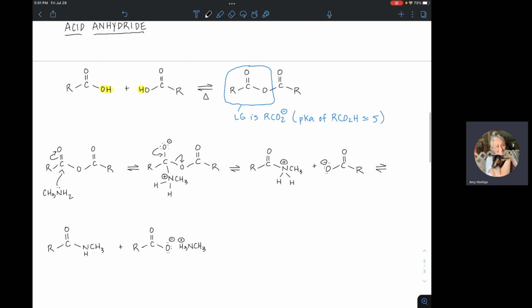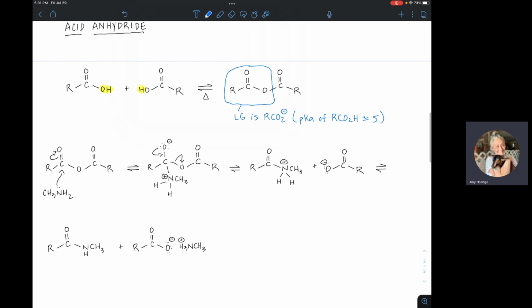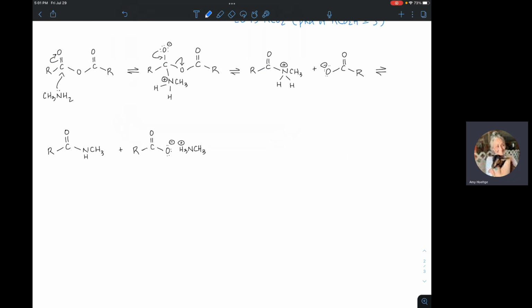So you can create, and we will do reactions with amides. So here's an amide.